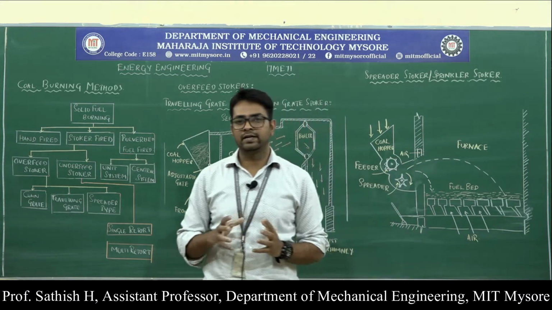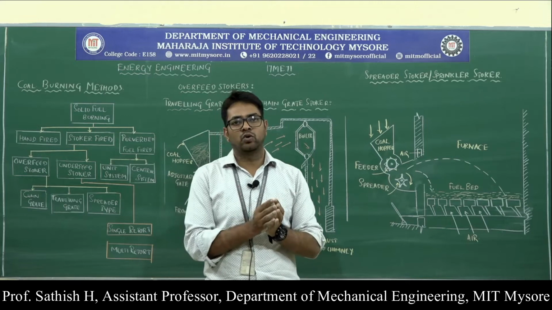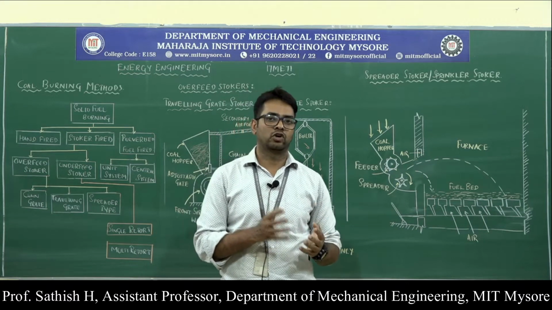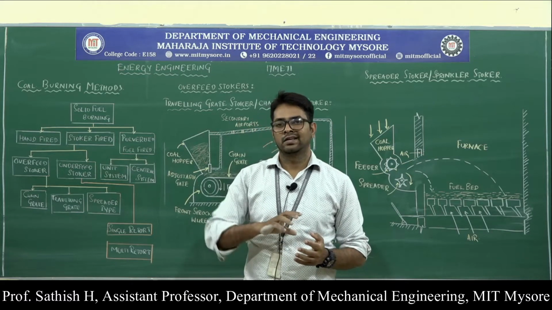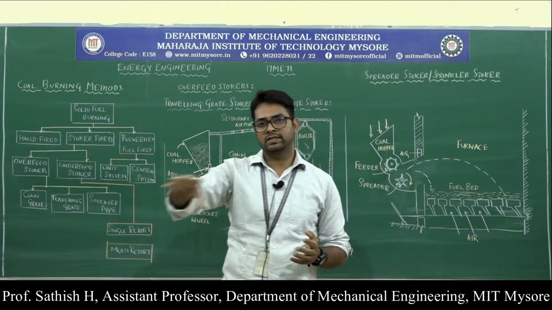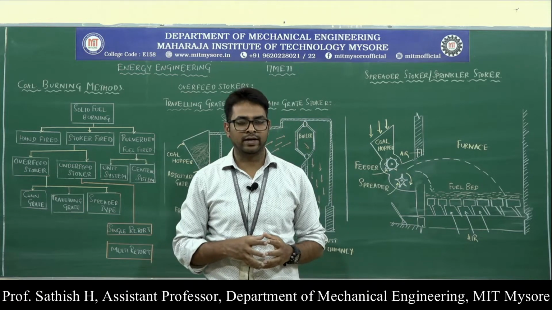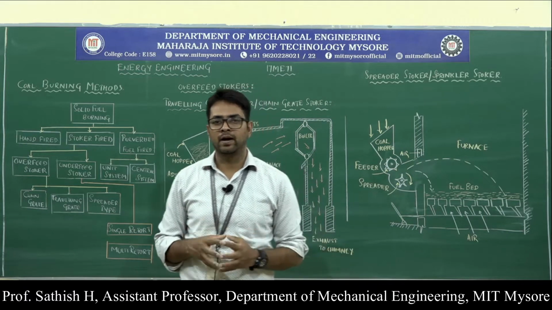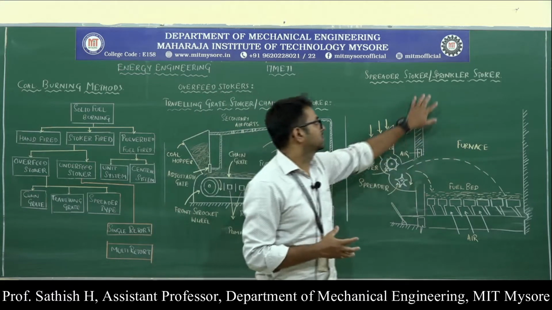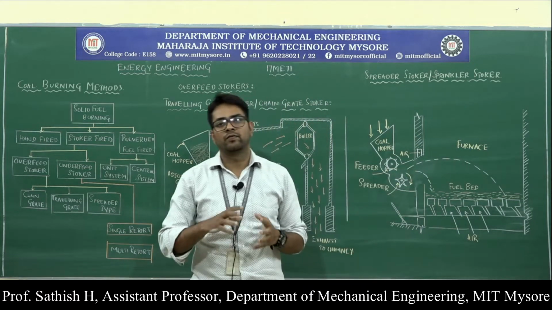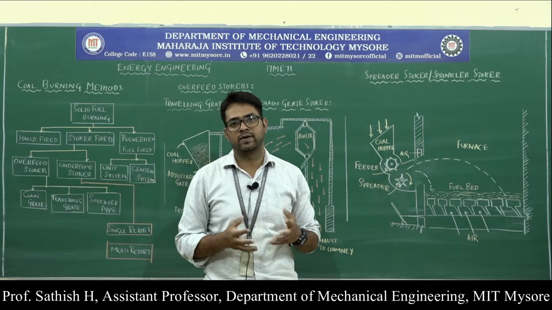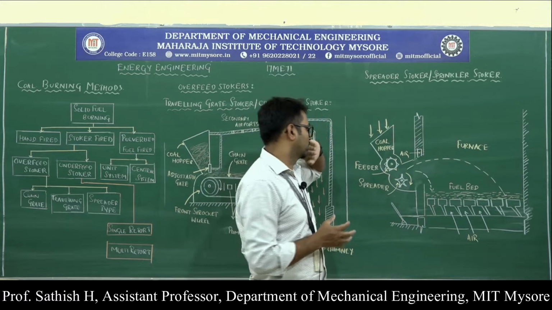Spreader means whatever coal we take from this hopper, the solid fuel, is spread over this grate uniformly. With the help of this spreader stoker or sprinkler stoker, we spread this coal uniformly over the grate. That is why it is called a spreader stoker.